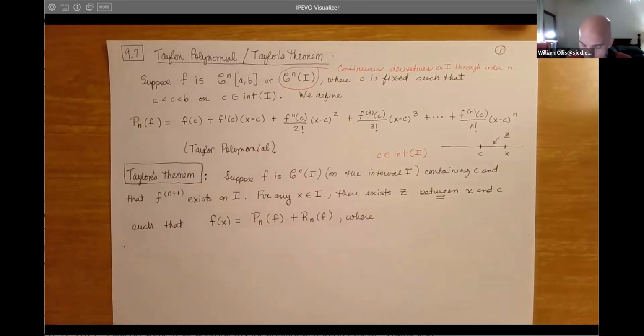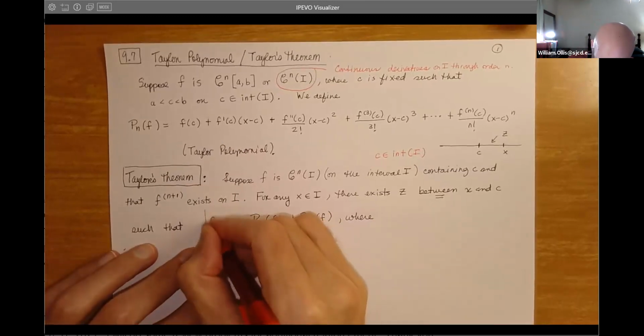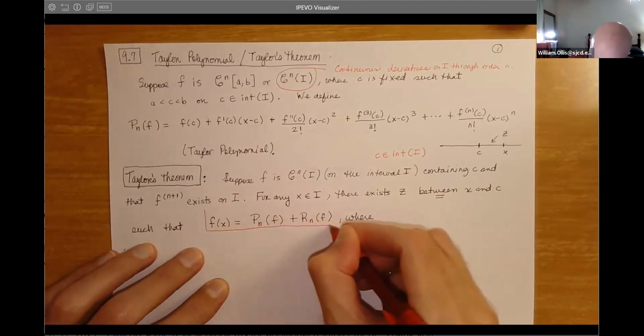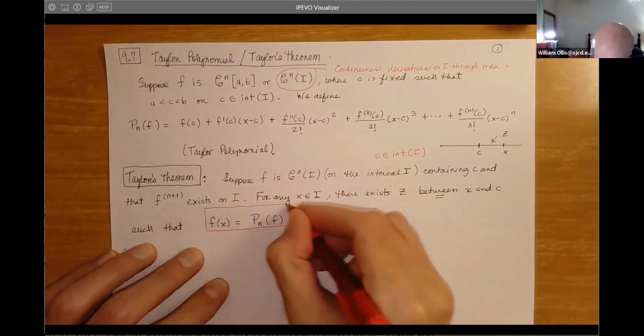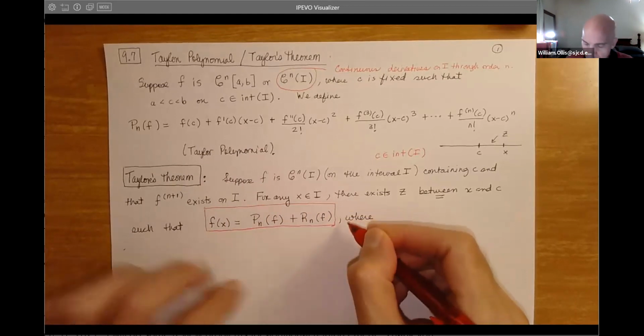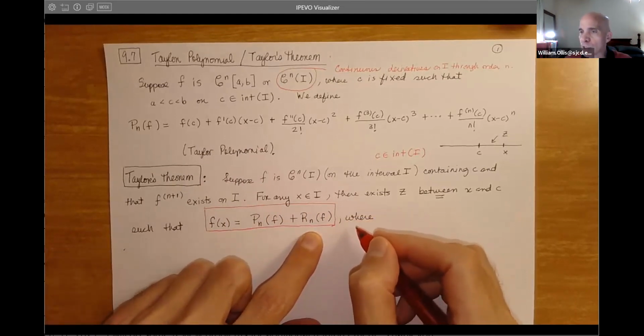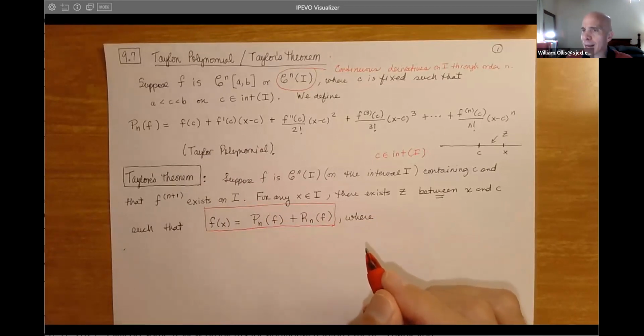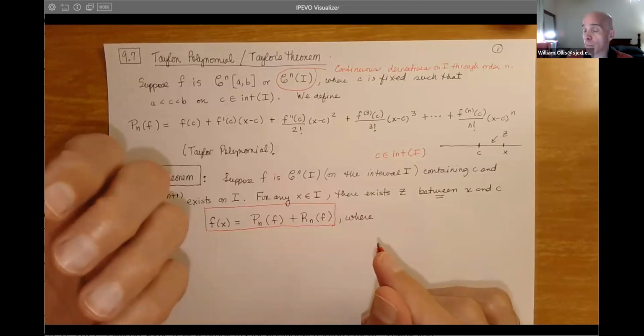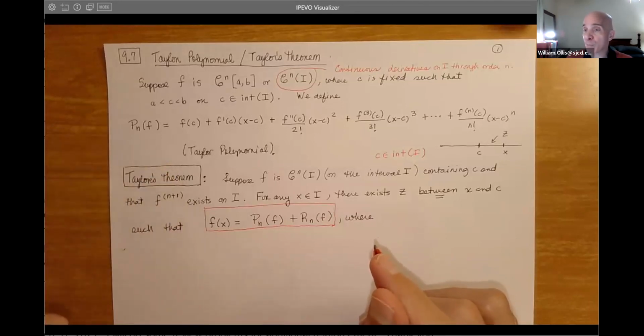So basically, we get a new construction for f. And then, just like we've seen before, the remainder will basically allow us to estimate the error involved. Say if we approximate a function with a polynomial, how good is it? Is it good enough to solve the physics problem? Is it good enough to solve the math problem?